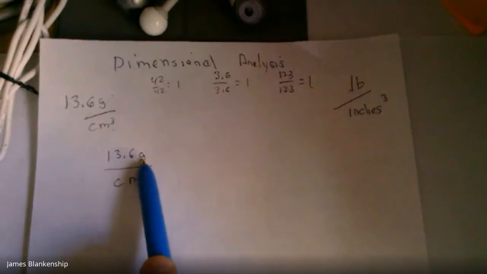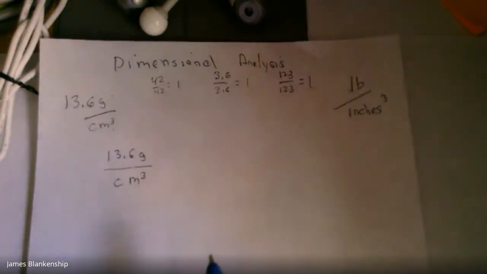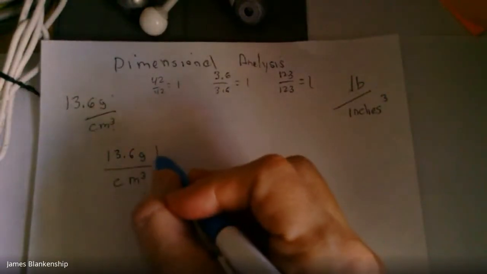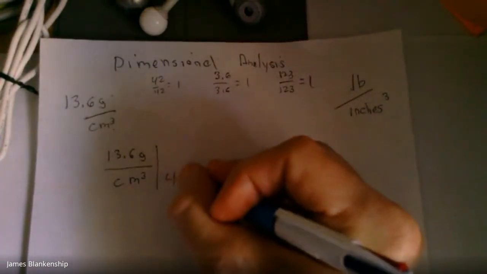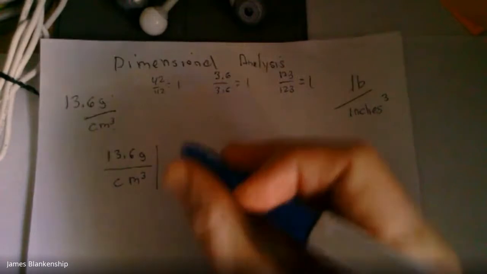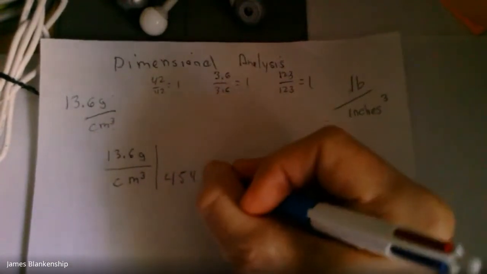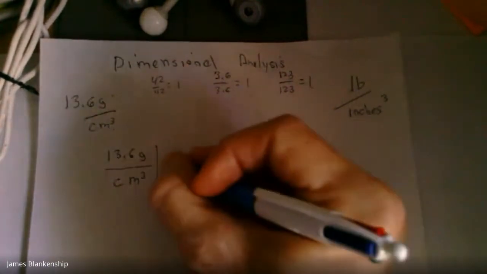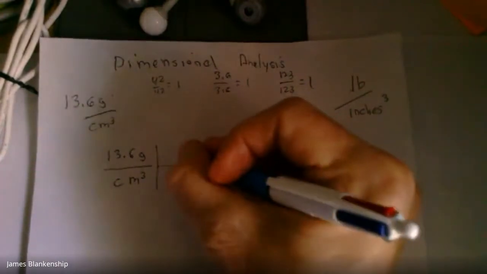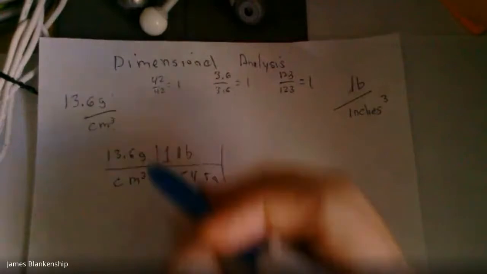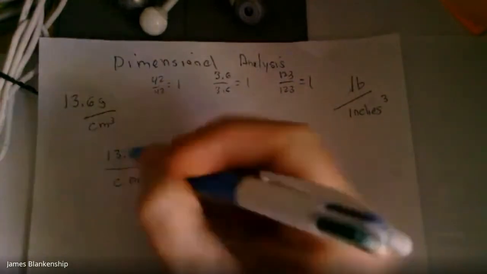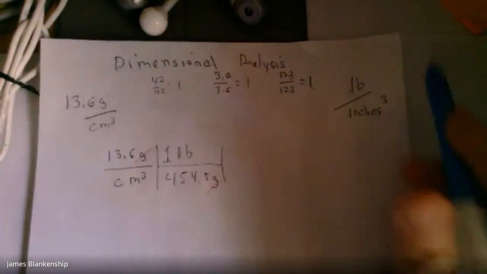So when you start dimensional analysis, whatever's on top, to cancel it, it's going to need to go on bottom. Because I have grams on top and I want to get to pounds, I'm going to use my conversion. Now, you'll be given conversions. I happen to know the conversion is 454.5 grams is 1 pound. So now I have canceled my grams, and I have my pound on top.